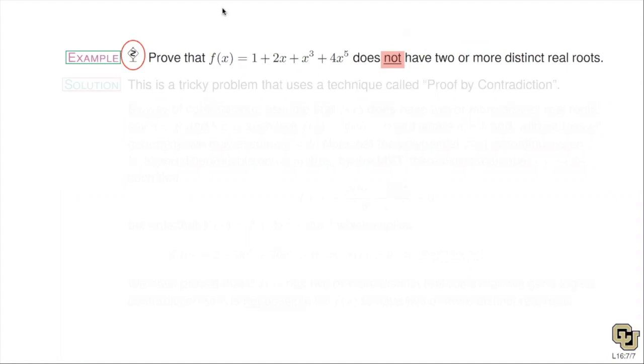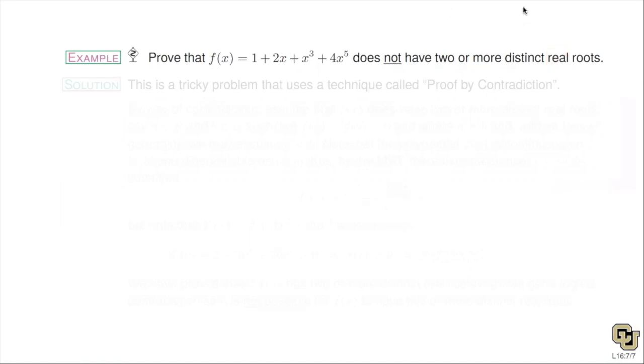So this 5th degree polynomial should have, in theory, 5 roots. And what the problem is asking us to prove is that of those 5 roots, it does not have 2 or more that are real numbers, i.e., that the other roots are all distinct, complex. So here, when we say real, we mean real number as opposed to complex.